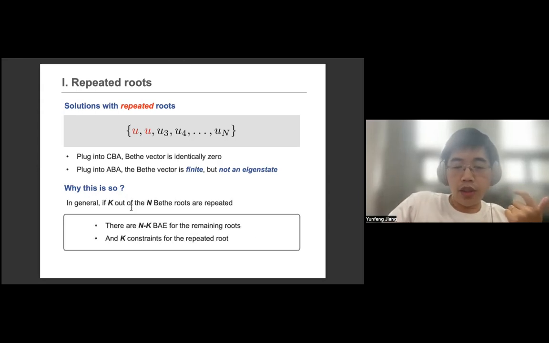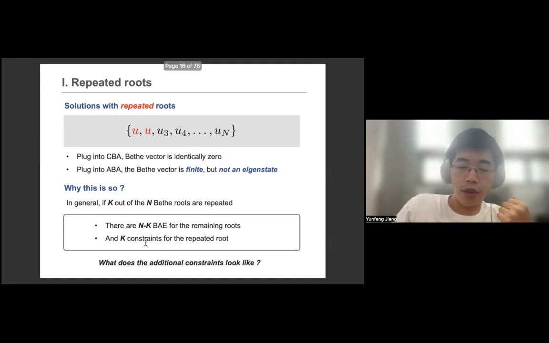In the general case, if k out of the m Bethe roots are the same, then we have m minus k Bethe equations for the remaining Bethe roots, and we have k constraints for the repeated root, like we just have seen before. Now the question is, what do these additional constraints look like?